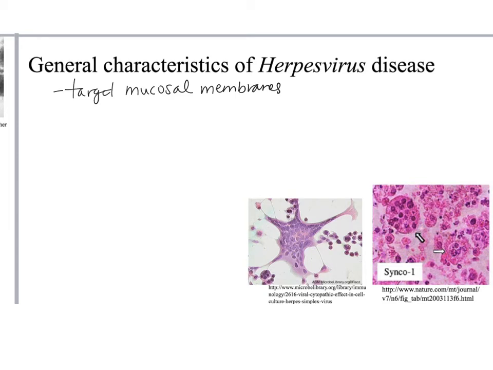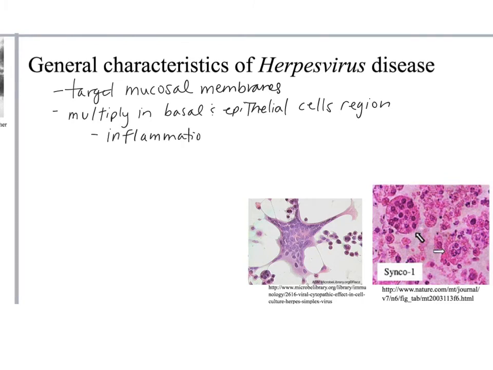Really nice portal of entry there for the virus. The viruses are going to multiply in the basal and epithelial cells in whatever region we're talking about. Basal cells are just the deepest layer of the epithelium, and epithelial cells just line all the cavities and surfaces of structures throughout the body. So this is going to cause localized inflammation, and probably some cell death.